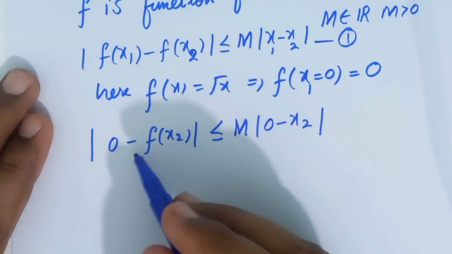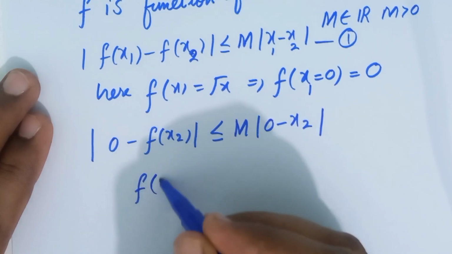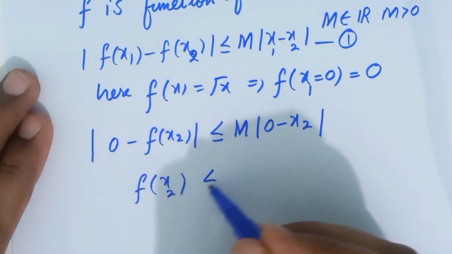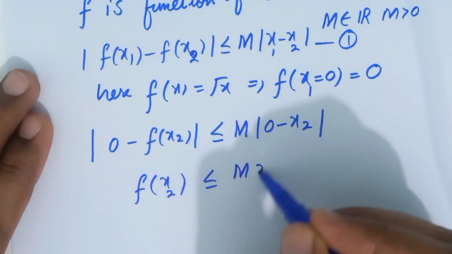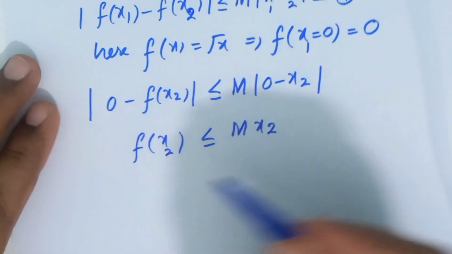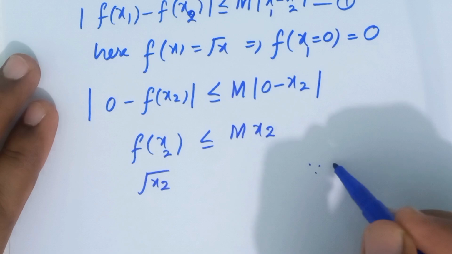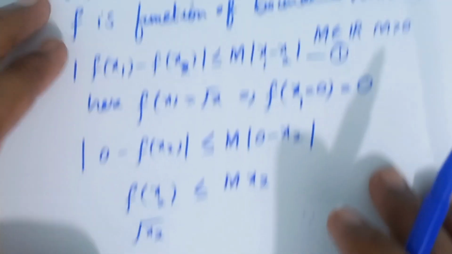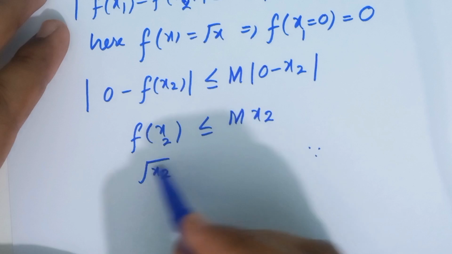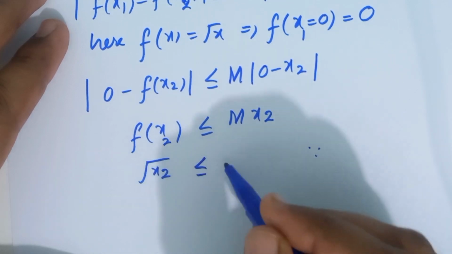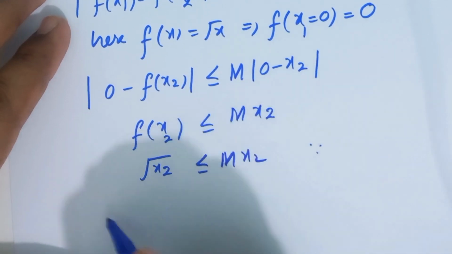Due to the absolute value, the negative sign will vanish. This will become f of x2 less than or equal to m times x2. Now f of x2 is square root x2 because f of x is square root x. So this will become square root x2 less than or equal to m times x2.